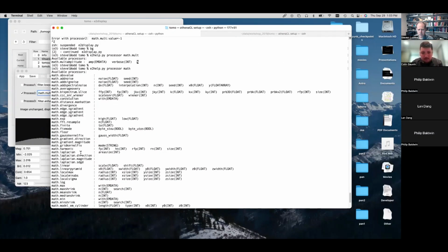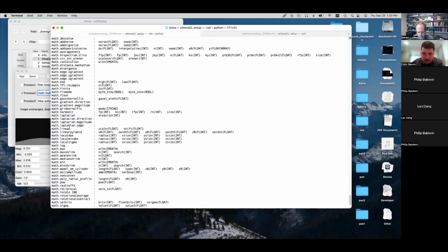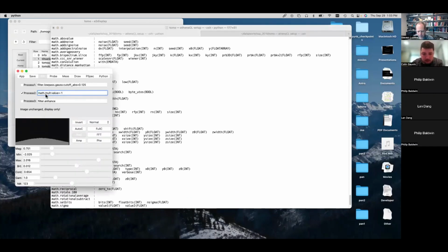Maybe. Well, there's a method called mult. That's why I wasn't using that, because it's a method. It's not a processor, and I need a processor for this. There's a linear processor which we'd use scale. So I can use math.linear with scale.